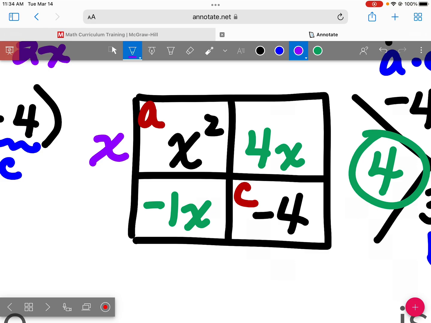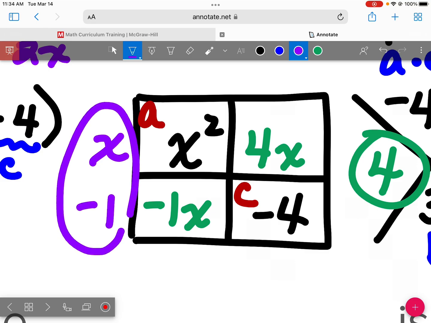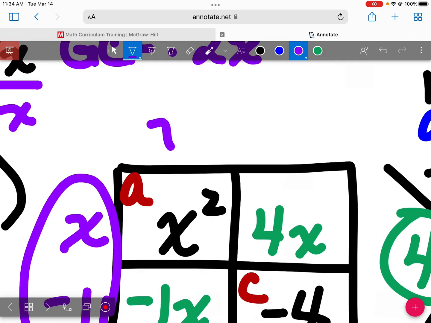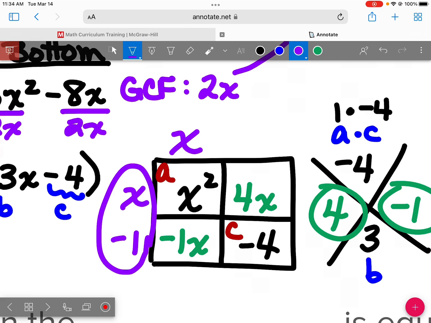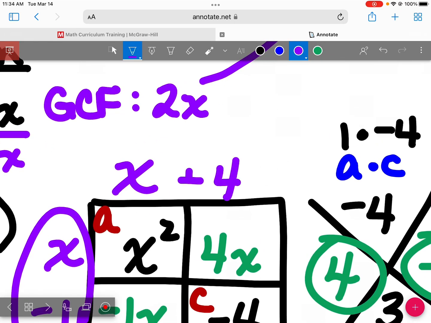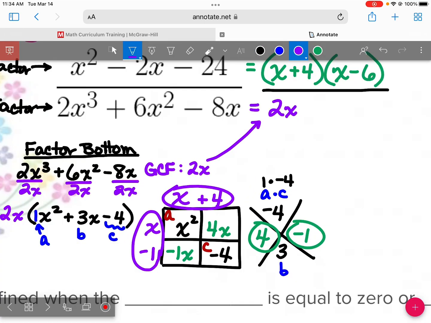Negative 1 is the biggest thing that'll go into both of those. X squared and negative 1x. I can take an x out. 4x and negative 4. I can take a positive 4 out. So I got 2 factors from doing my area model. Does that mean the denominator only has 2 factors?